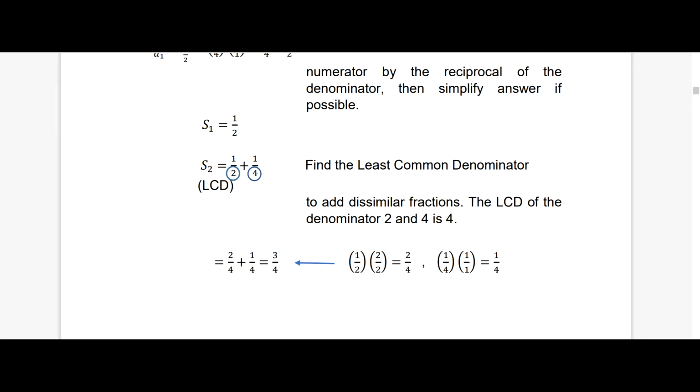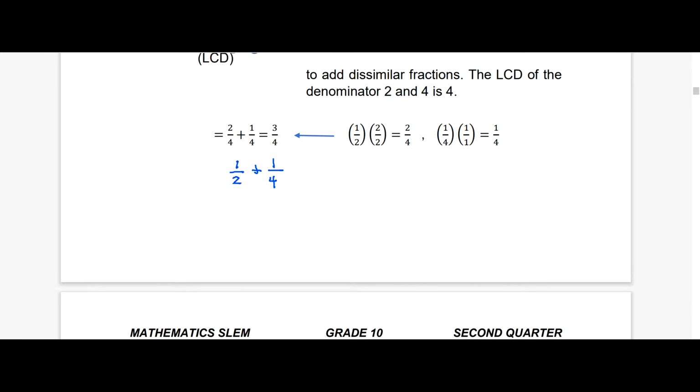Ito yan. Paano naging 2/4 yan? Alalahanin nyo yung elementary 1/2 plus 1/4. Yung ginagawa natin dyan, diba? Kinukuha yung denominator. So, the denominator is all over 4. So, 4 divided by 2, that's 2 times 1, 2. 4 divided by 4, 1 times 1, 1.